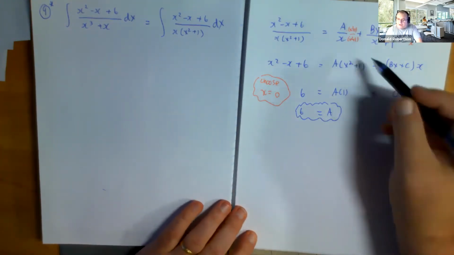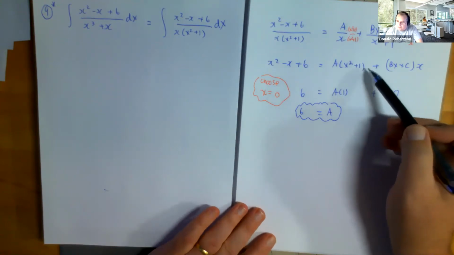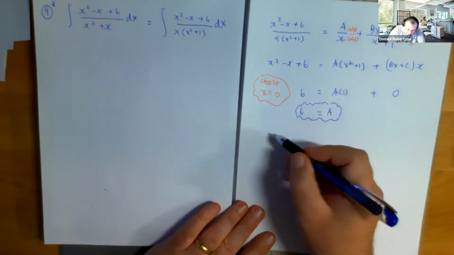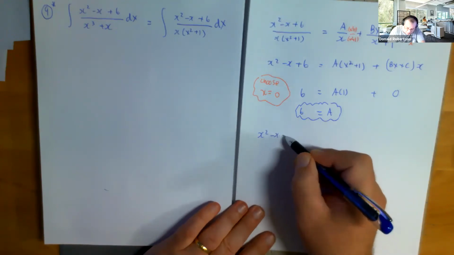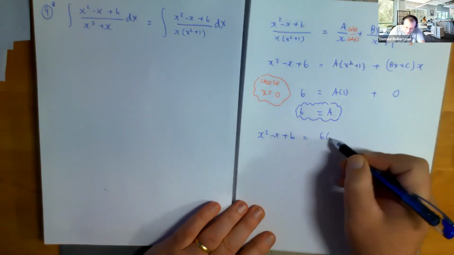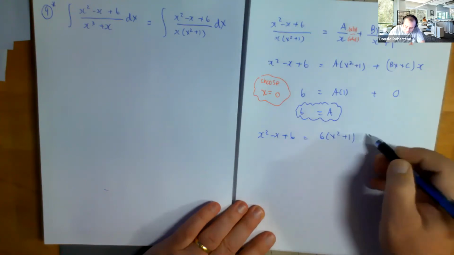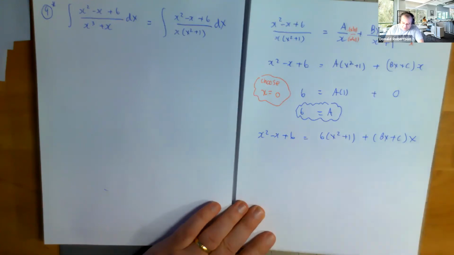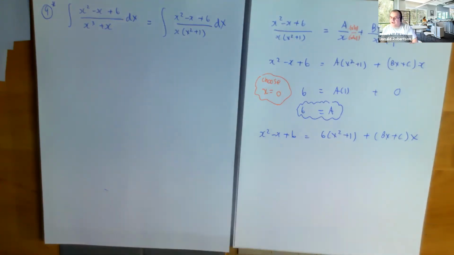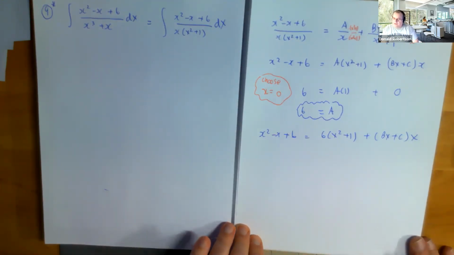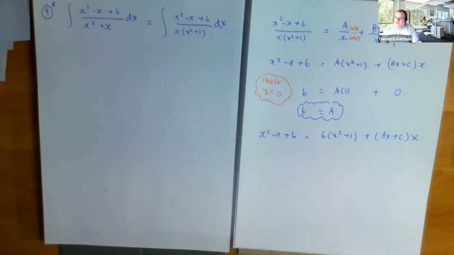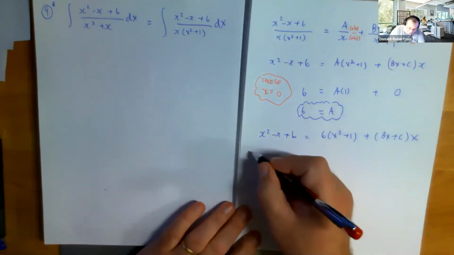Now, in any question where there are things like x squared plus 1s, as there is here, it's important that in your next line you replace the A in this case by its value. If you keep that as A, the next step won't work because you'll end up thinking, I've got another variable, I don't know what to do, and you start just freaking out.